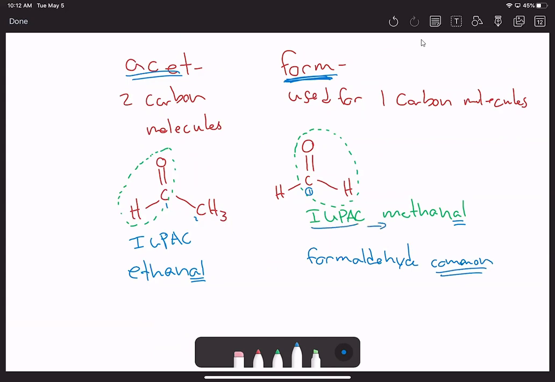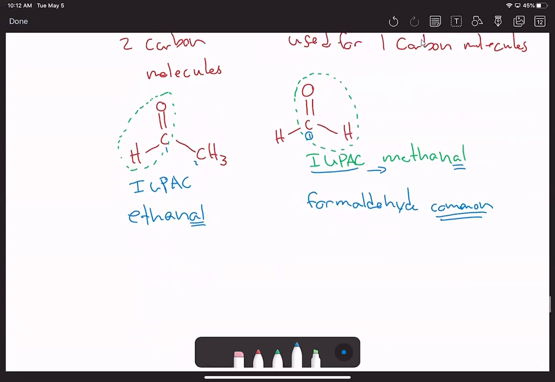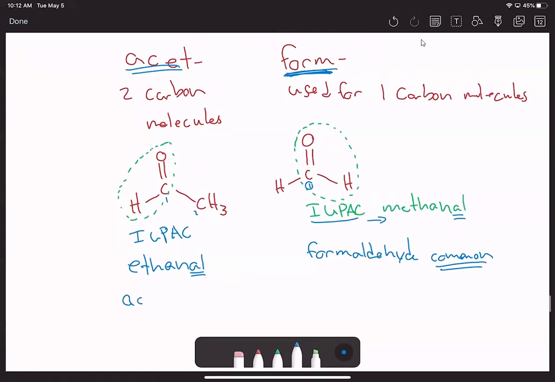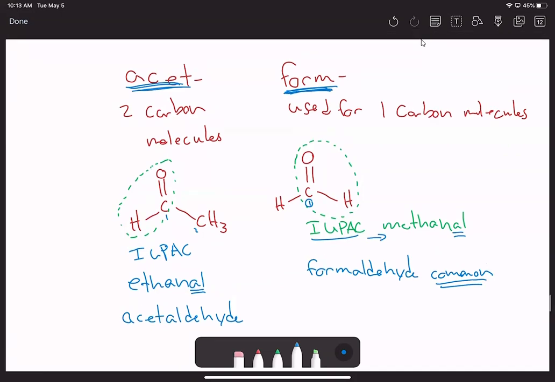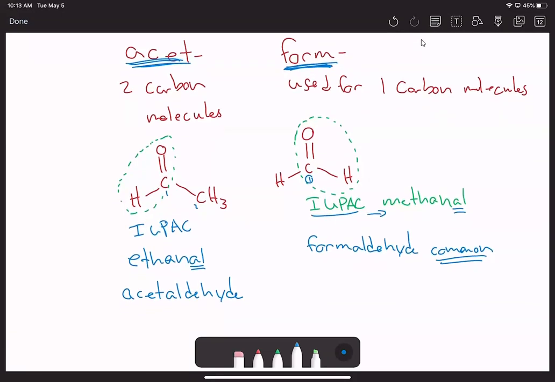IUPAC, methanal, commonly known formaldehyde. IUPAC, ethanal, commonly known as acetaldehyde. So formaldehyde, acetaldehyde. Acetone, acetone, acetone: one because it's a ketone, and acete because there's two carbons. So there are some common ways that we're going to use these.